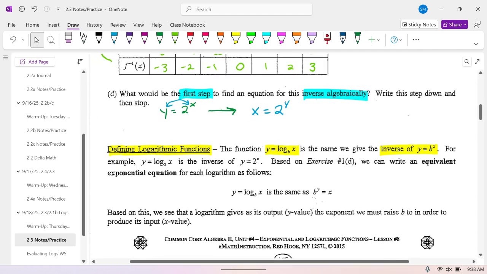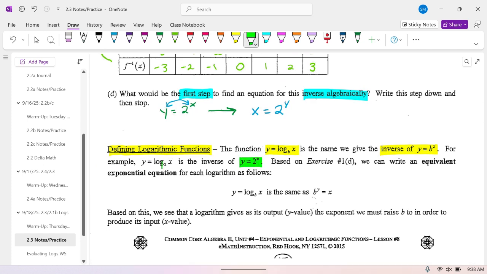Now, technically, our inverse of y equals 2 to the x is y equals log 2 of x. So that's our inverse.